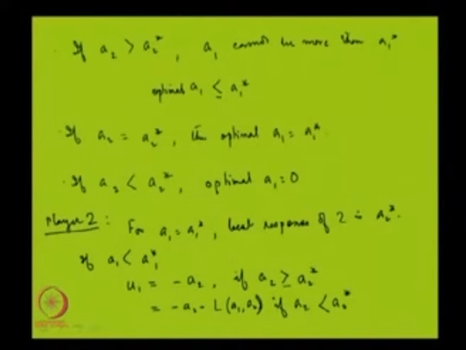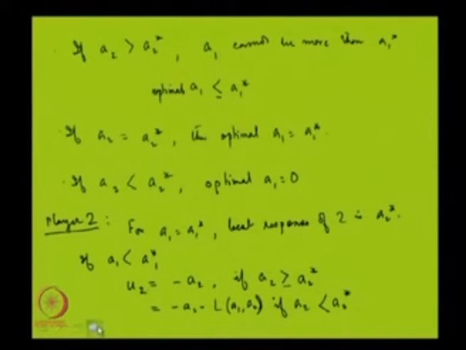Now, what we are going to show is the following, that A2 star is the best response for, sorry, this is U2. What we are going to show is that A2 star is the best response for player 2 if A1 is less than A1 star. That is what we are going to show.